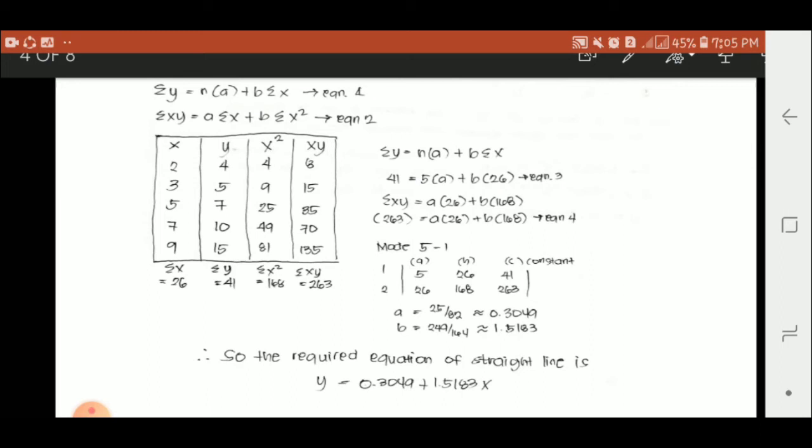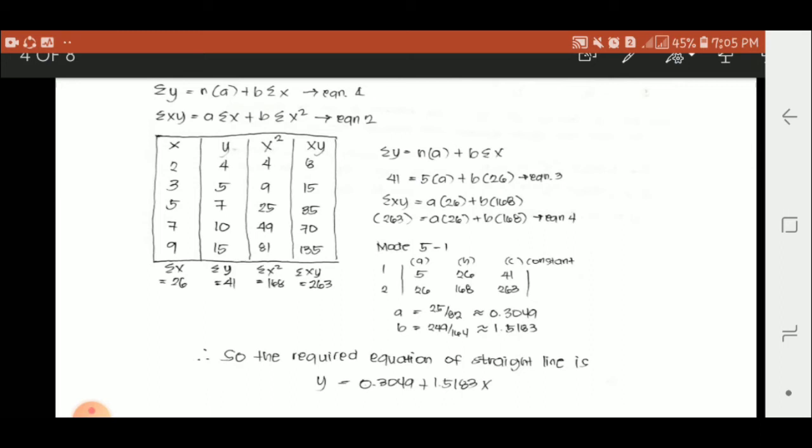Afterwards, when you press the equal sign on your calculator, the first value is our value of a, which is 25 over 82, or 0.3049. And when we press the equal sign again, we have our value of b, which is 249 over 164, or 1.5183.